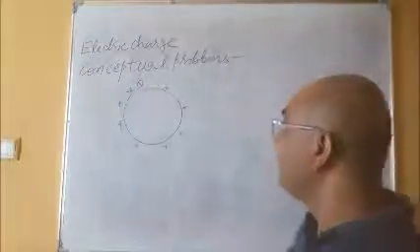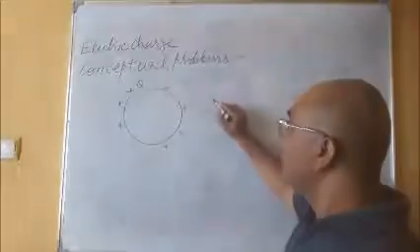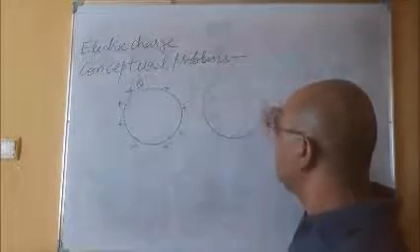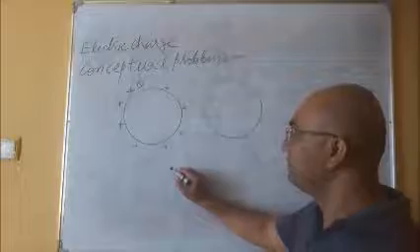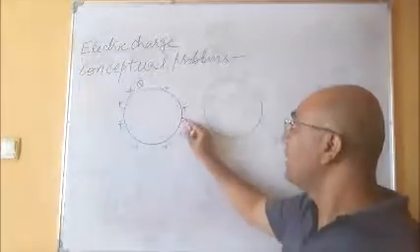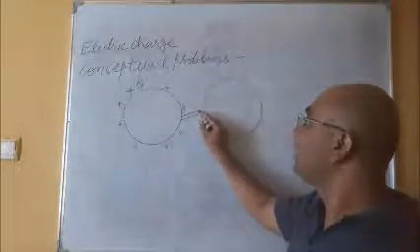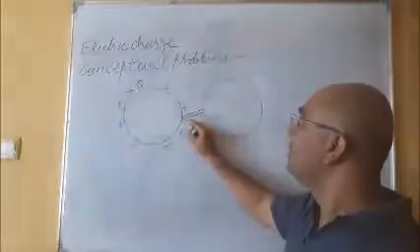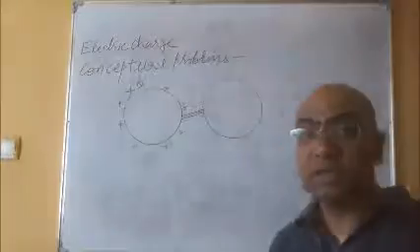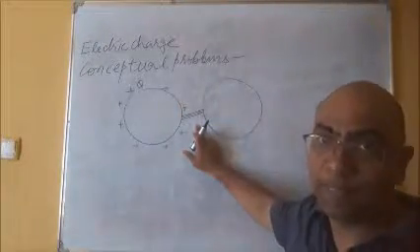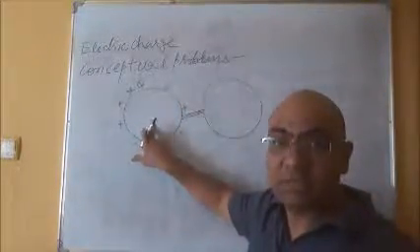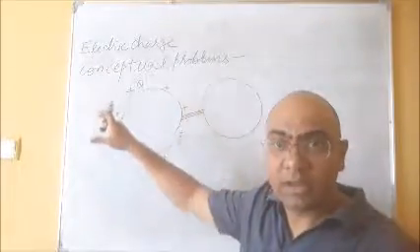Now I am putting another sphere near this one, and I am connecting them with a metallic rod through which the flow of charge is possible. This metal sphere has plus Q charge at its outer surface.